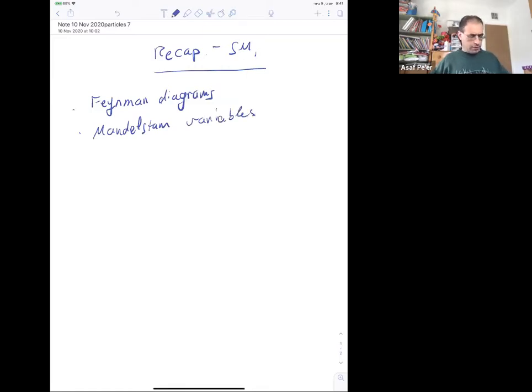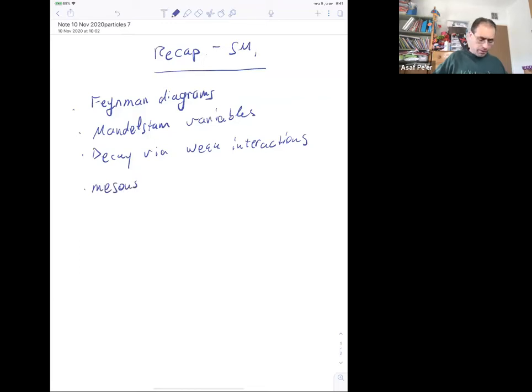Then we spoke about mesons, right? We spoke about decay via weak interactions. We spoke about mesons. I mentioned the idea of an isospin, which is analogous to spin.